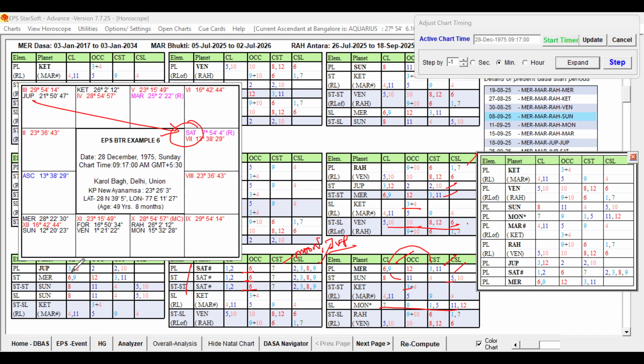So Jupiter is third lord, second occupant, and second star lord. This is also supportive for the type of profession, and Jupiter also aspects the seventh house. So that way, Jupiter and Moon are the favorable key planets supporting Saturn, which is also a supportive key planet. And the sublord is Ketu, occupying the third house close to 4.